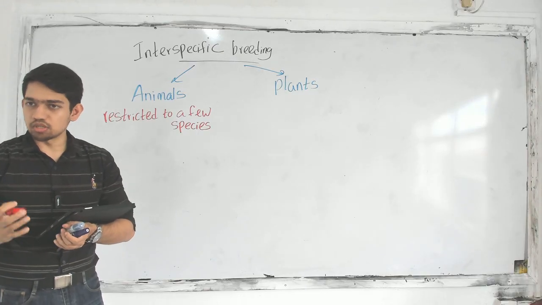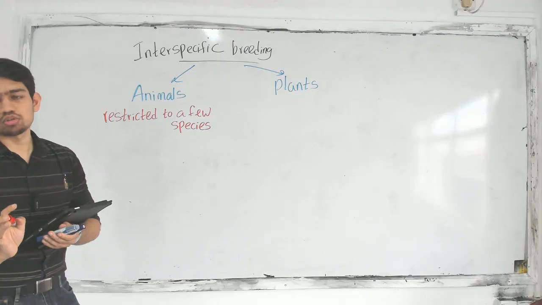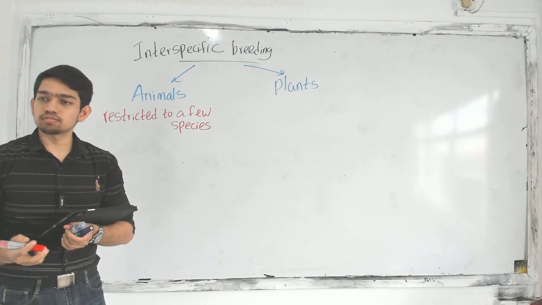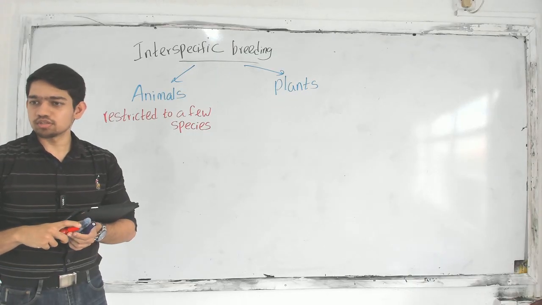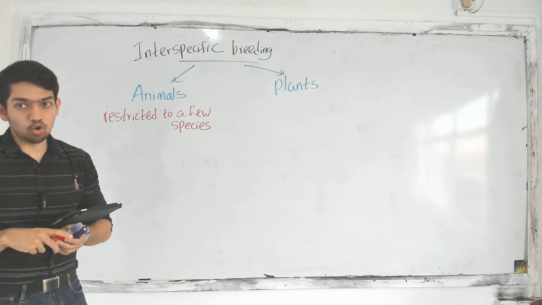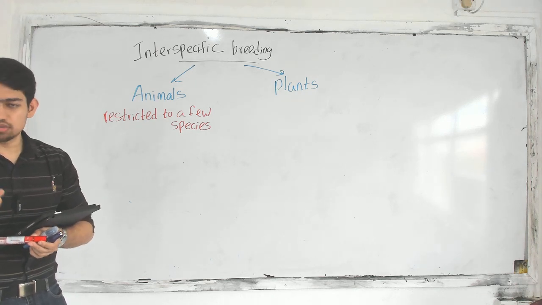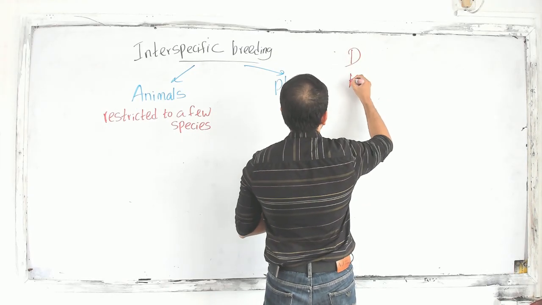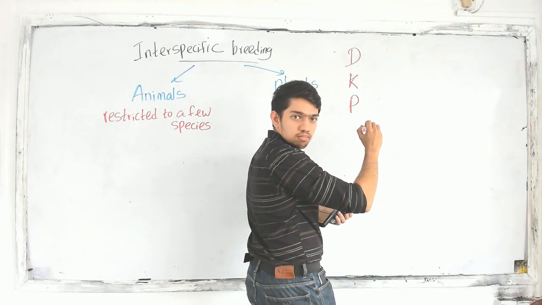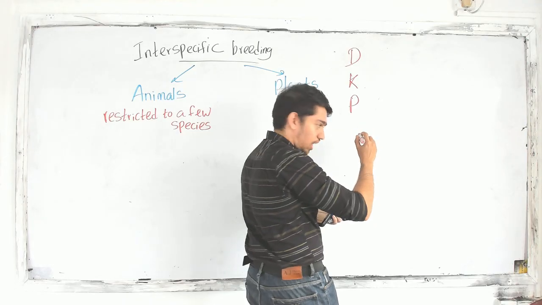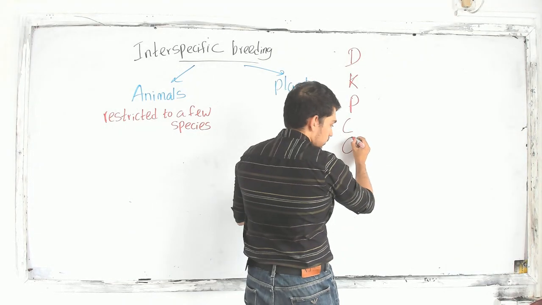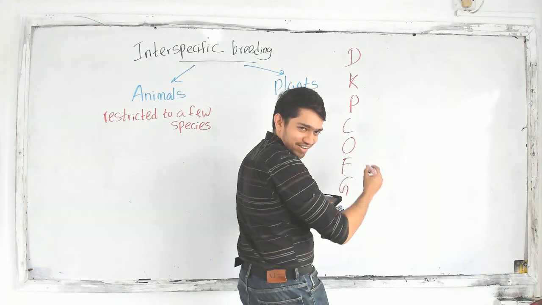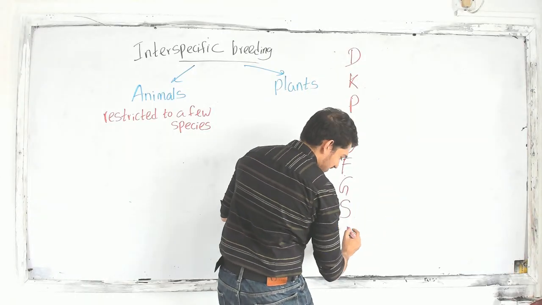You have to have very close relations. Let's say, what is the taxon above species? Domain, kingdom, phylum, class, order, family, genus, species, then sometimes subspecies.